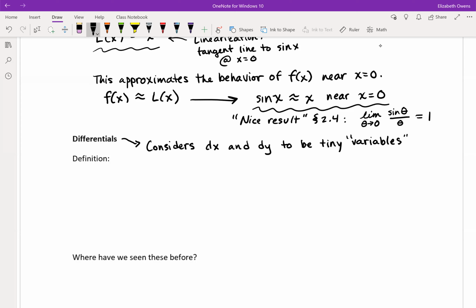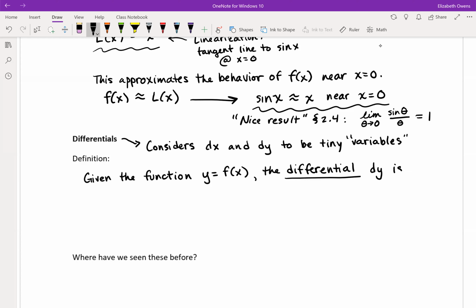So the definition for this is that if we are given the function y equals f of x, then we can define the differential. The differential dy is defined by the following: dy equals f prime of x times dx.